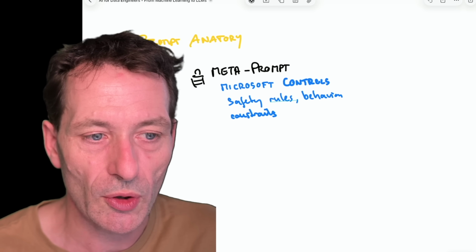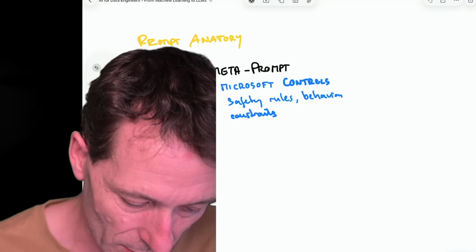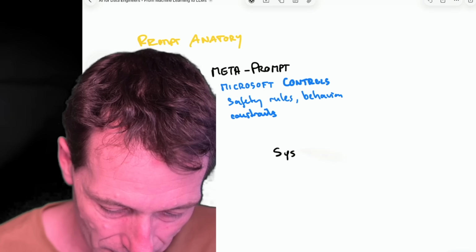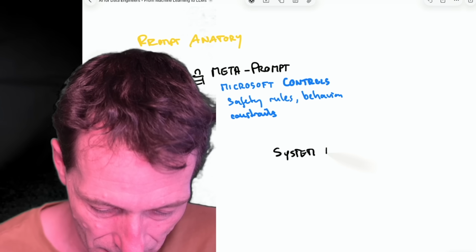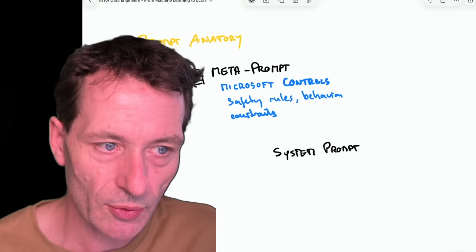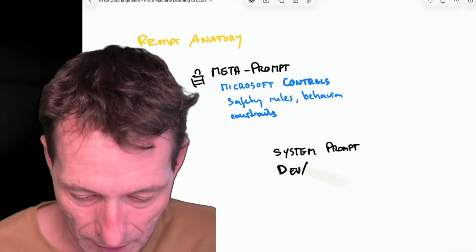The second prompt that you are experiencing, depending on your role, is the system prompt. The system prompt is defined by the developer or by the admin.